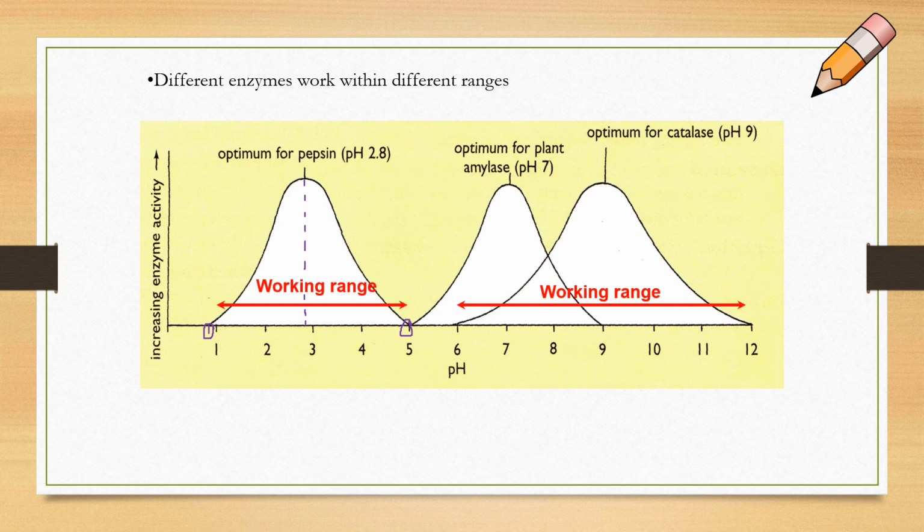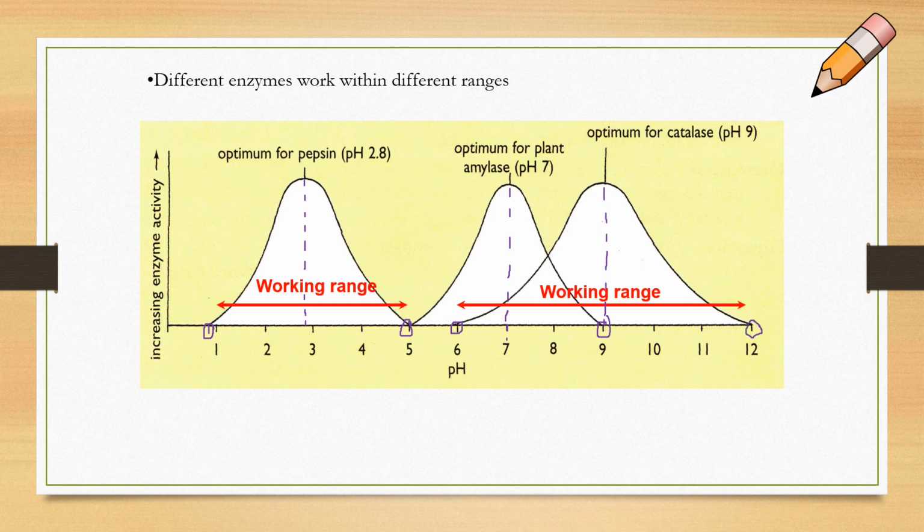Then for amylase, which is more neutral than the acidic conditions that pepsin works in, the working range would be from 5 to 9, and if we take the top of the peak, we get 7. Then the optimum for catalase, which is more alkaline, is a pH of 9, and its working range would be between 6 and 12.